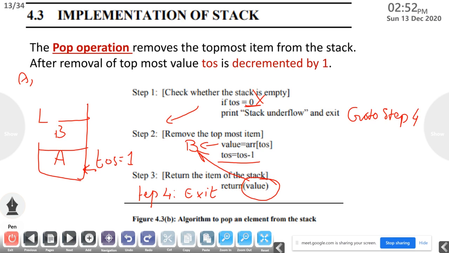We can point to A, but B will be over there. We can overwrite it. That is a memory representation I am talking about. Then return the item of the stack by using the return value function, and the value we now have in the variable value is B. Okay. So this is the implementation of pop operation by using array. So I think it's clear.